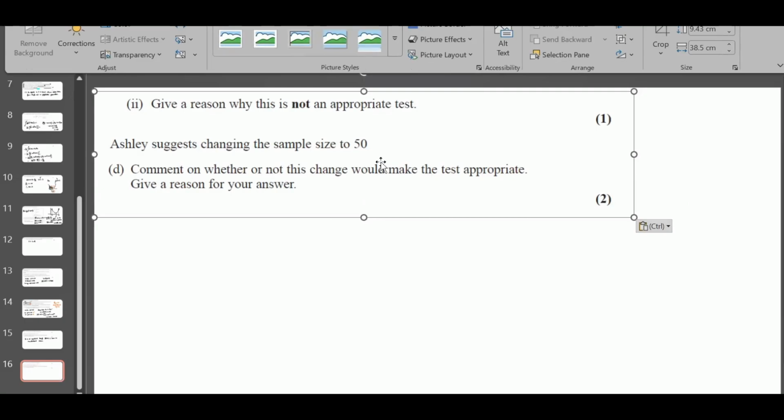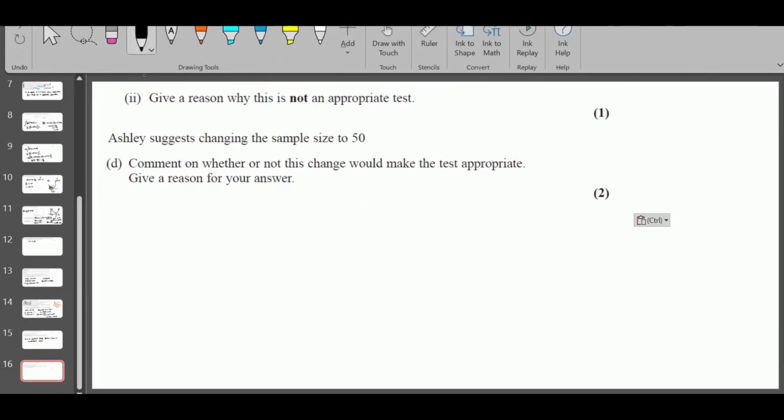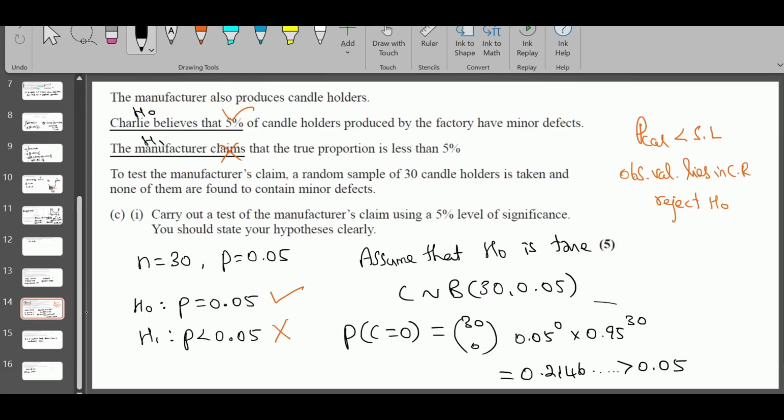Let's look at part D now. Ashley suggests changing the sample size to 50 now. N is equal to 50. The probability is 0.05. Comment on whether or not this change would make the test appropriate. So when you put 50 and find it, you will still get 0.95 to the power 50 if you sub it into this formula, right?